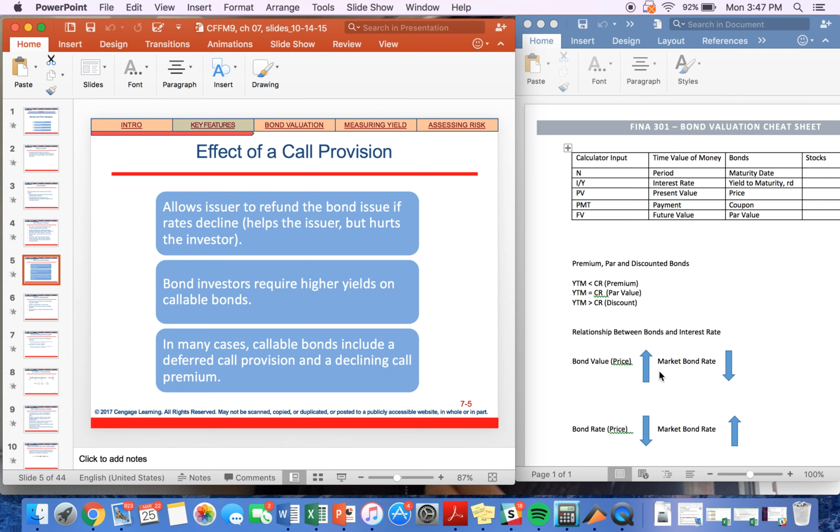So I'll give you an example. Let's say today that your bond was issued at 10%, okay? And when you issue a bond, it is always at the same rate that the market is currently at that day. So the market rate will equal your bond rate. So if I issue you one today and the market's at 10%, your bond is at 10%, okay? So they're equal. It's worth $1,000.